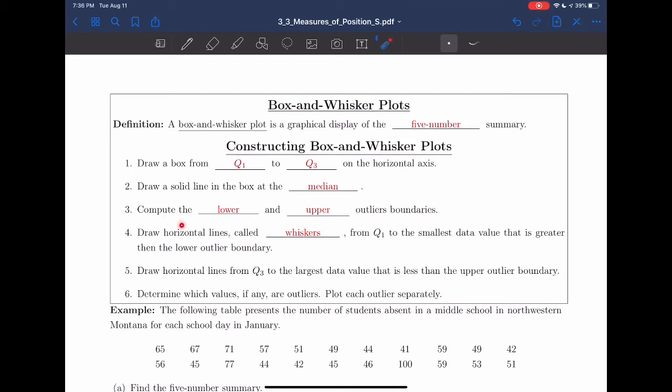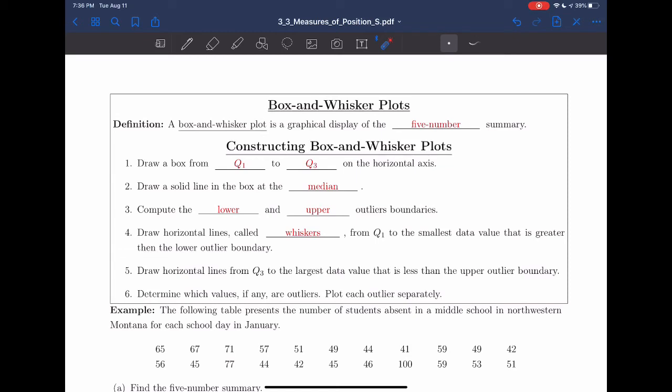And then we want to compute our lower and upper boundaries, because we want to identify any outliers in our data set. Once we do that, we want to draw a line, also called a whisker, from our first quartile to the smallest data value that is greater than the lower boundary.